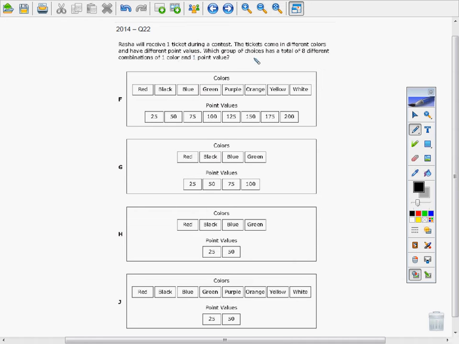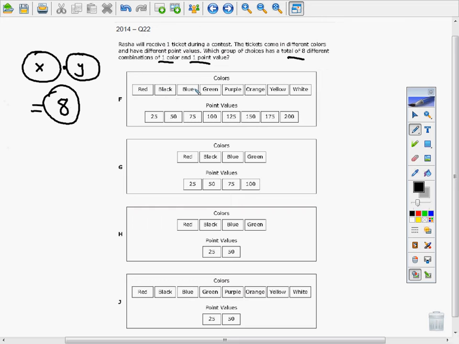Which group of choices has a total of 8 different combinations of 1 color and 1 point value? The number of colors and the number of values, multiplied together, need to give 8 total. If we consider 3 times 5, that is greater than 8, which we don't need.